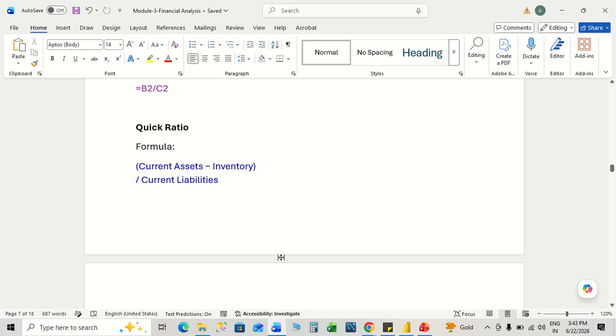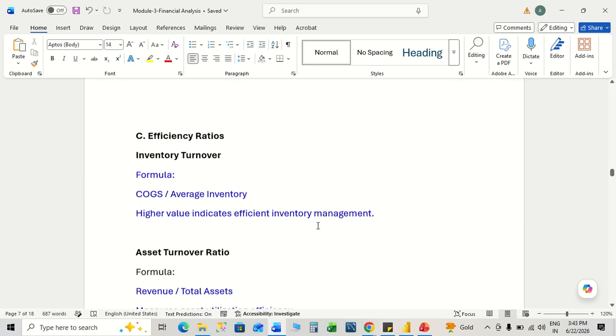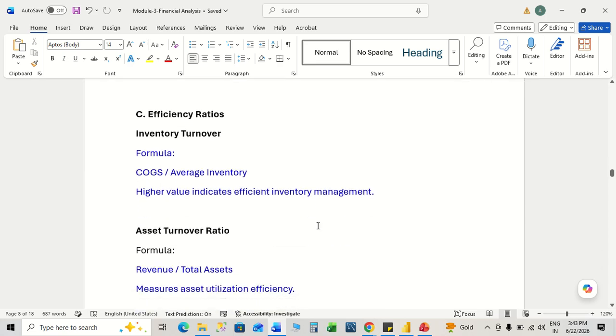Then we have the quick ratio. What is quick ratio? Current assets minus inventory, divided by current liabilities. Current assets, minus the inventory value, divided by current liabilities. That is called quick ratio. Then efficiency ratio, starting with inventory turnover.